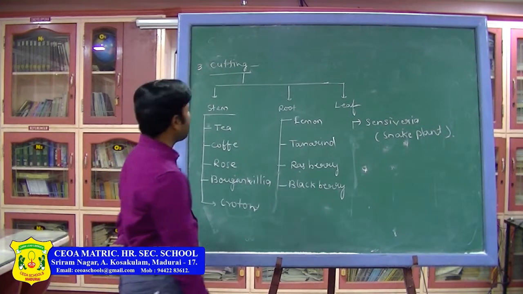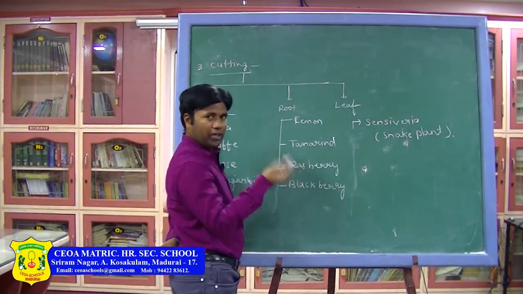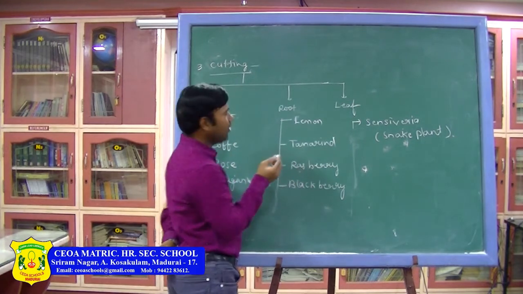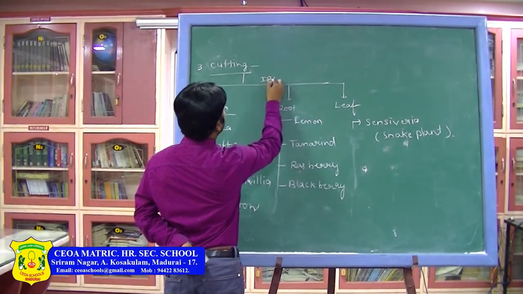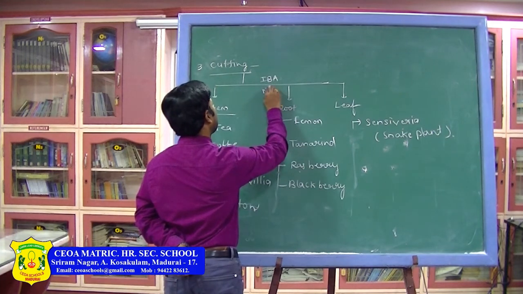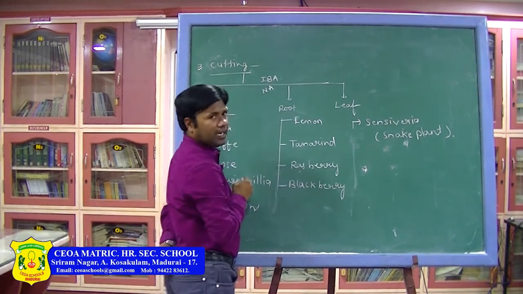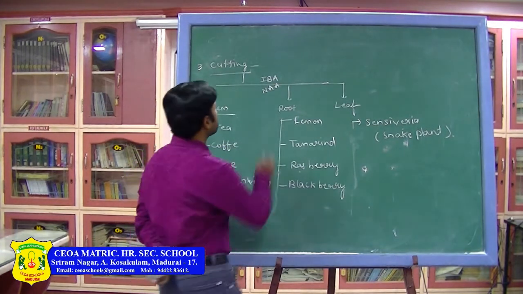So what are we cutting? We are cutting the stem. After cutting, the lower side we dip in oxime. What is oxime? Indole butyric acid, NAA (naphthalene acetic acid), and IAA (indole acetic acid) also.